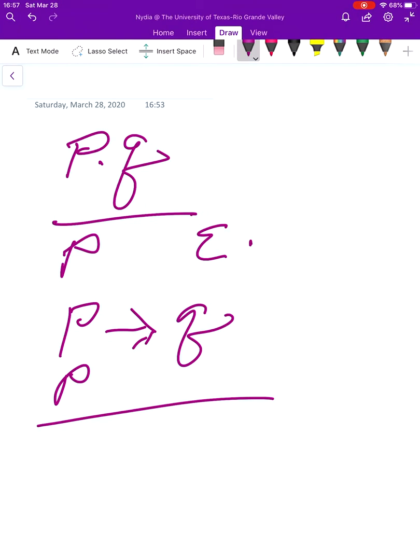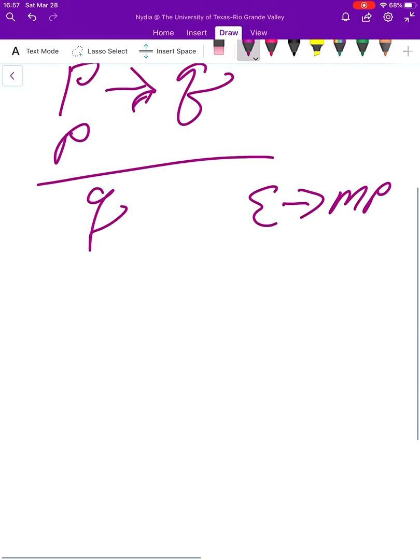The arrow goes to Q. Notice we got rid of the arrow. It's gone now. We just have what's left over. And we'll put an E and an arrow, and we'll explain it to the people who are reading the deduction. This is MP. Now, if you just wrote MP, I'd be absolutely happy with it. But it is an elimination rule because we eliminated a connective.